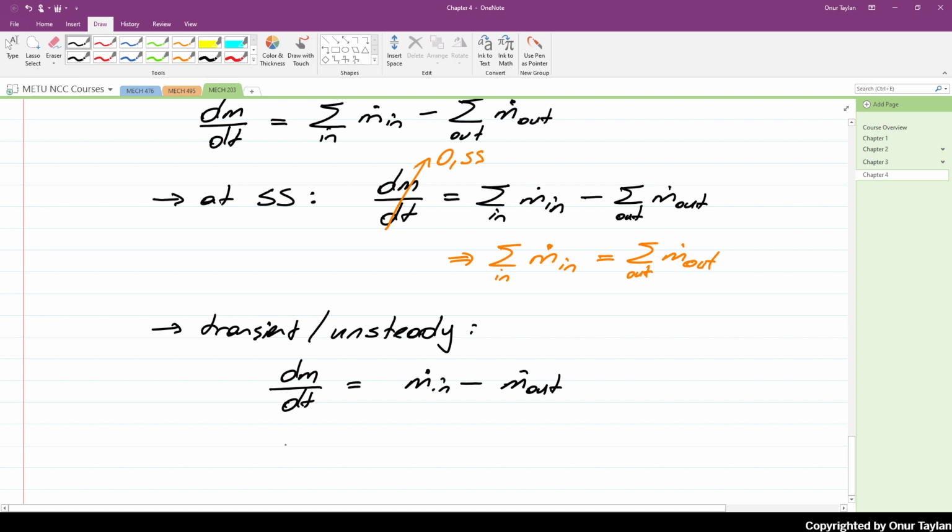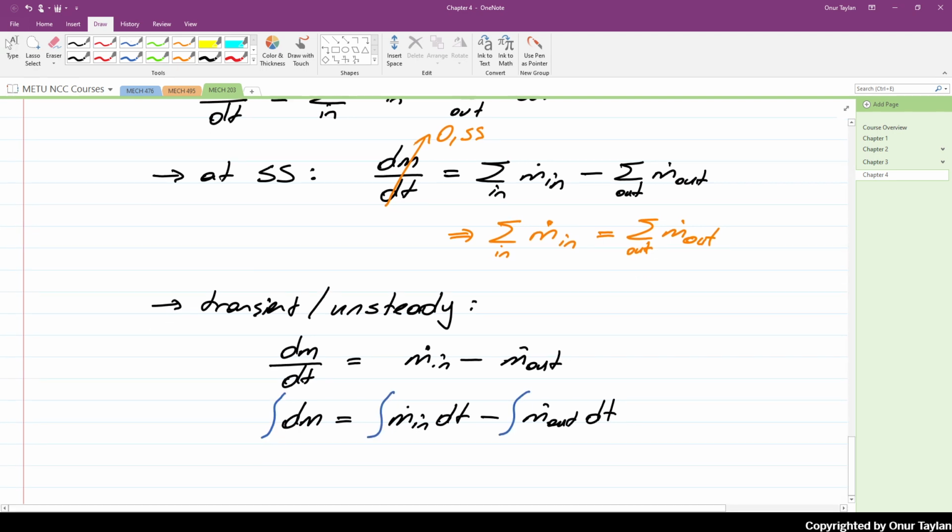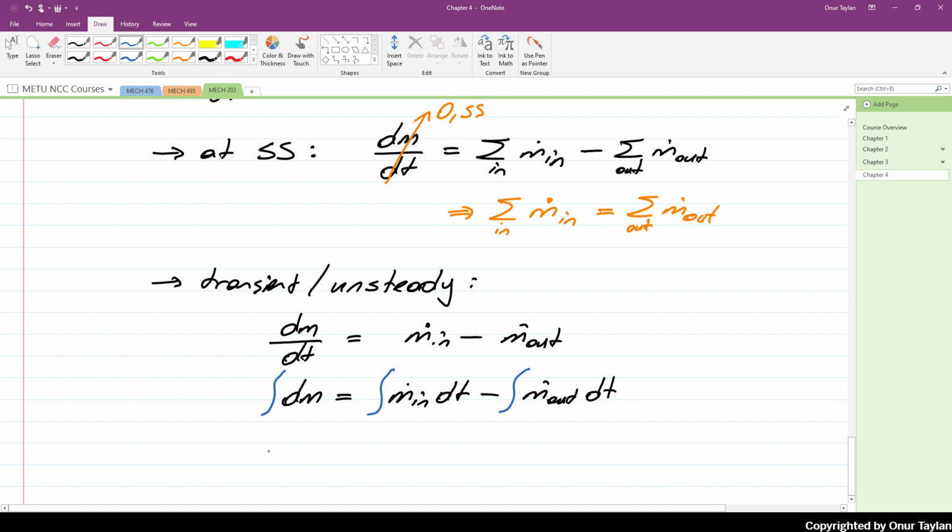First of all, you multiply both sides with dt. Then you integrate all these terms, and the left-hand side becomes delta m, which is m2 minus m1, from m1 to m2.